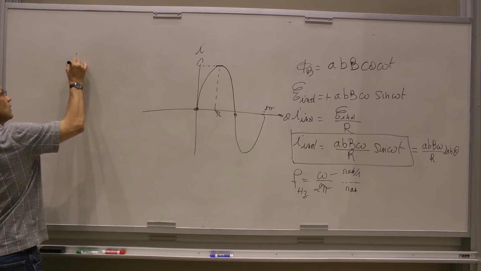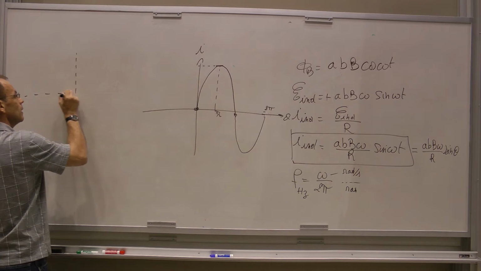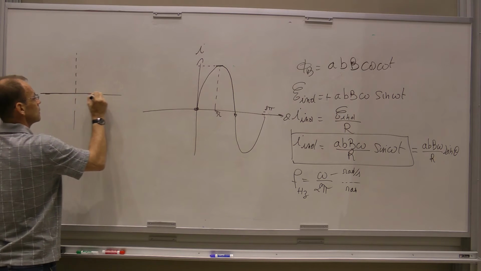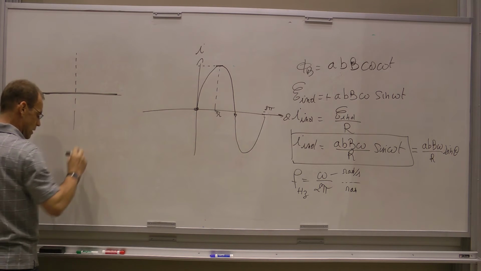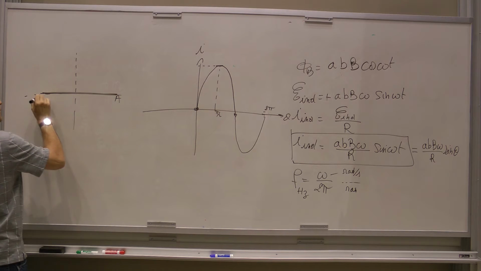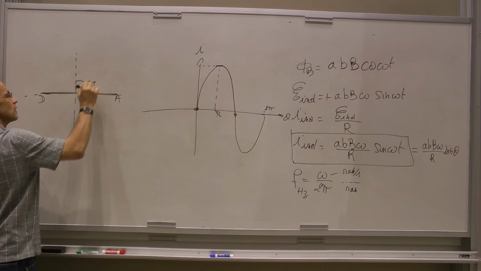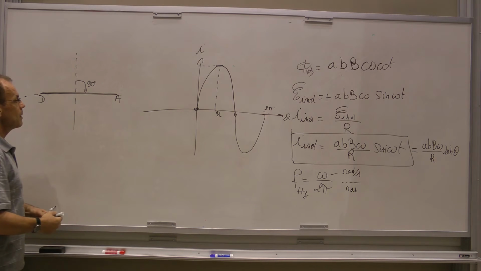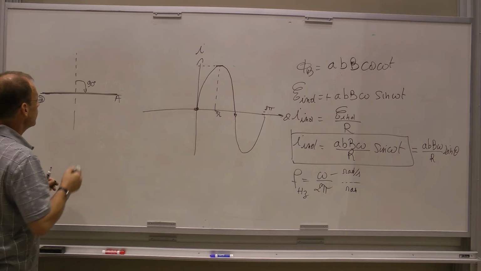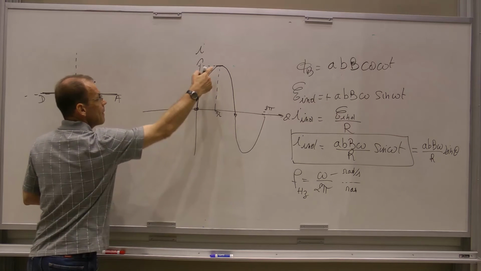So that's a situation where the loop is horizontal. Here's the loop right here, here's point A and D, as the loop has rotated by 90 degrees compared to where we measured it originally. So this is the point where the current is maximum.